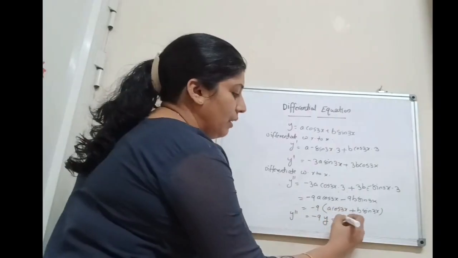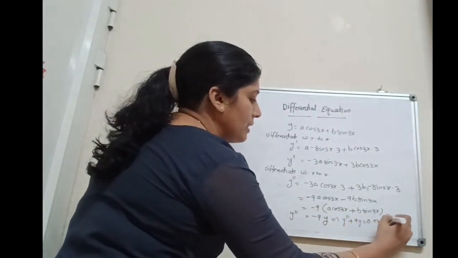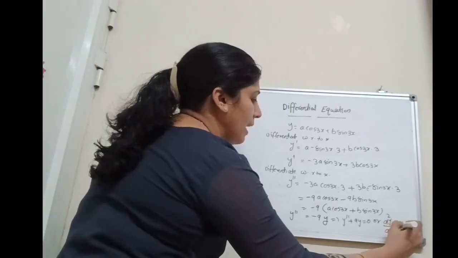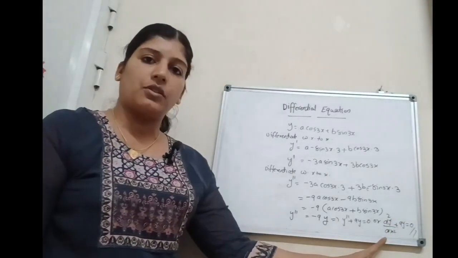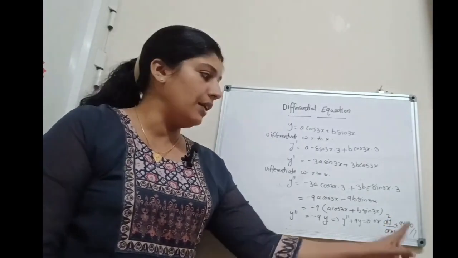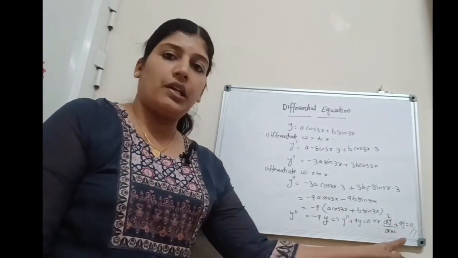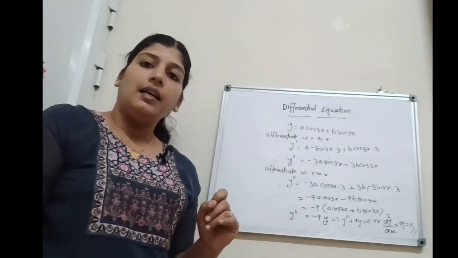That is equal to y double dash plus 9y equal to 0. Or it is also denoted by d square y by dx square plus 9y equal to 0, since y double dash is d square y by dx square. This is the differential equation of the general solution y equal to a cos 3x plus b sin 3x.